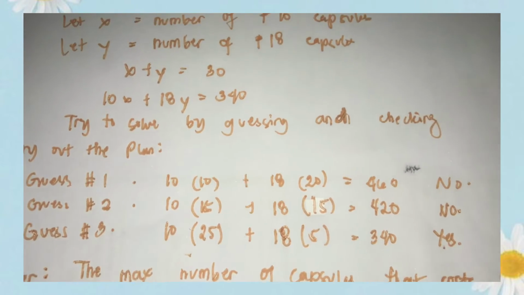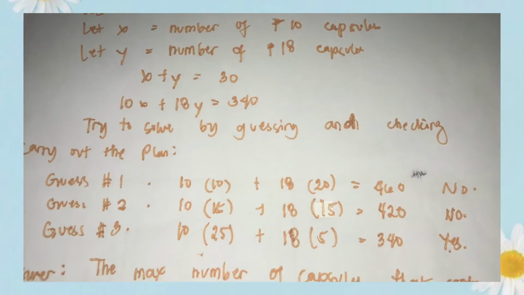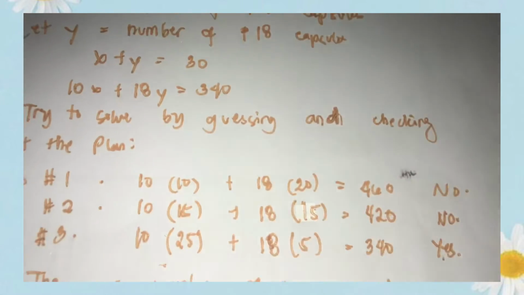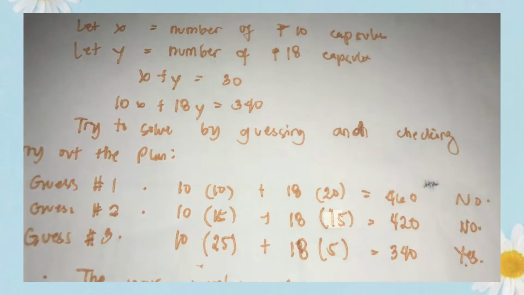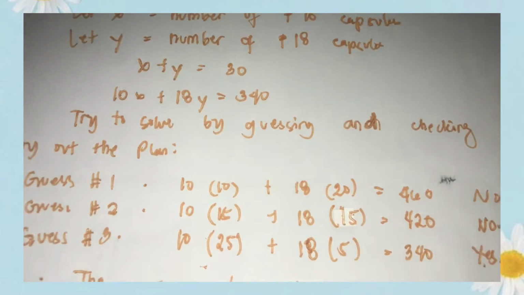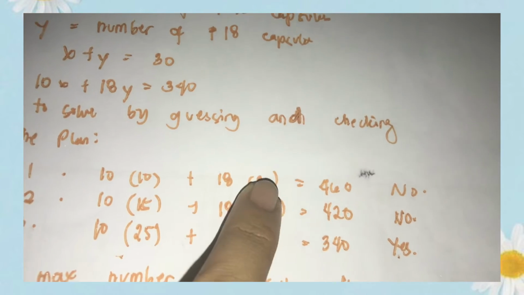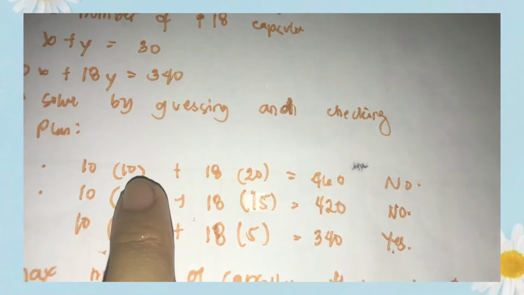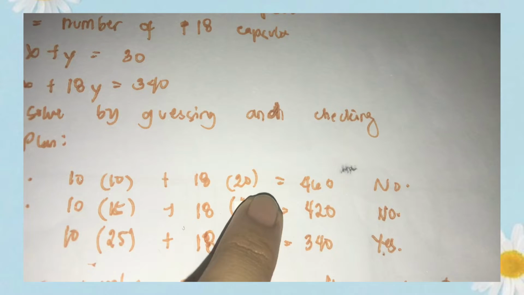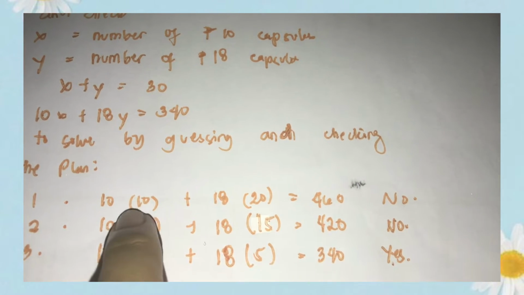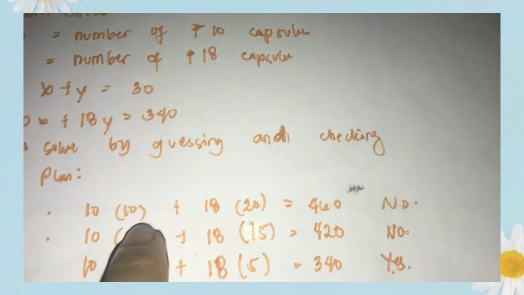Now here are the variables that I guessed. My first trial, I use 10 and 20, hopefully because it's kind of near.